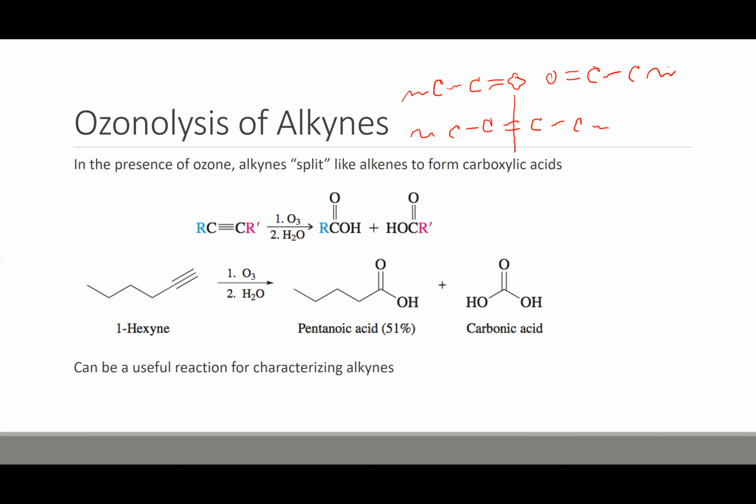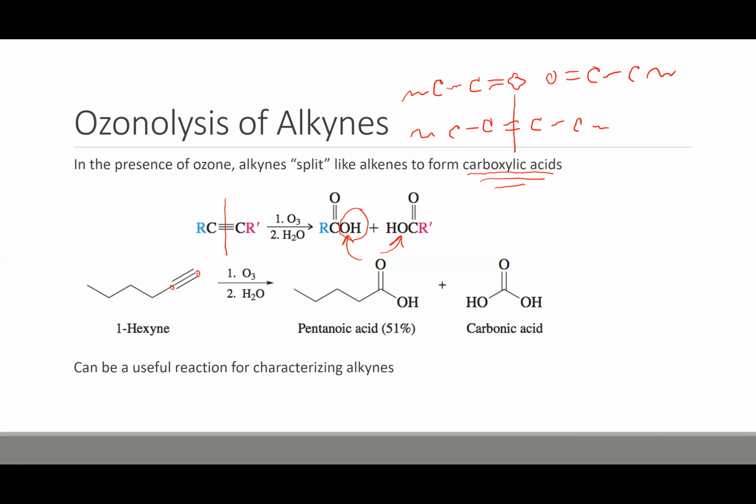For a triple bond, this is very similar, except we're making a carboxylic acid. Triple bonds don't have as many things attached to their carbons to begin with, and we're adding on further oxygens to those carbons. So similarly, we split down the middle. Our carbons are attached to a double bond oxygen, but they also get attached to an OH, making them a carboxylic acid.